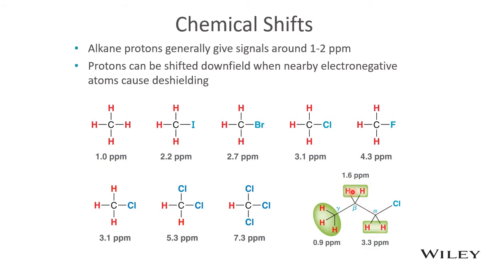Now these two hydrogens, which are on the beta carbon, the second carbon away from our electronegative atom, are further away from this electron withdrawing effect, and so there's less of an effect on the chemical shift. So we see a shift of about 1.6. These three hydrogens, which are on the gamma carbon, are so far away that this chlorine actually can't influence them at all. So their peaks appear at their normal chemical shift of around 0.9 ppm. So the further away you get, the less of the effect of the electron withdrawing or electronegative atom.